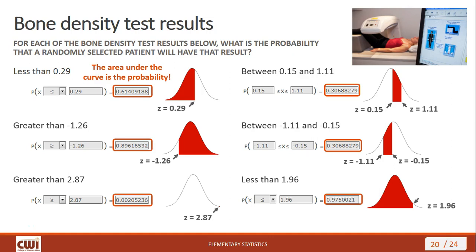You have to select the default option of the standard mode, and then you can put in just the one value that we're looking for. We want less than, so less than 1.96. Hit compute, and that gives us the area 0.975, which you may remember from our look at performing percentiles and using z-scores on the tables. You may have noticed that this z-score of 1.96 matches the 97.5%.